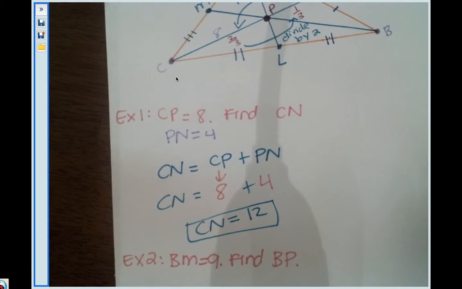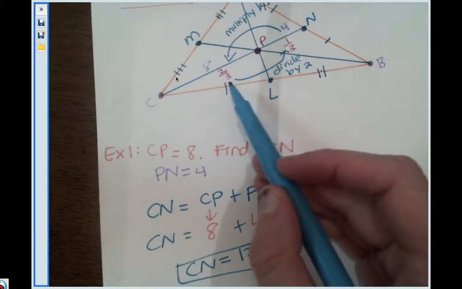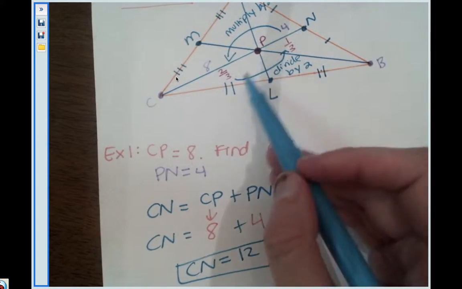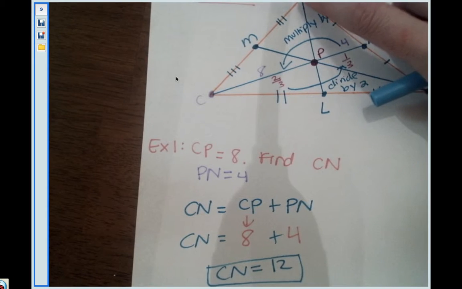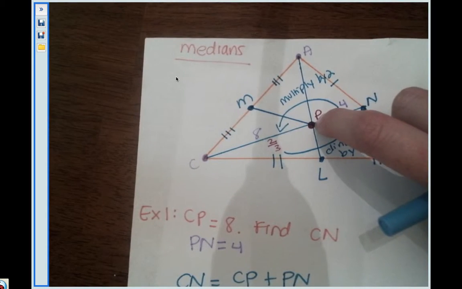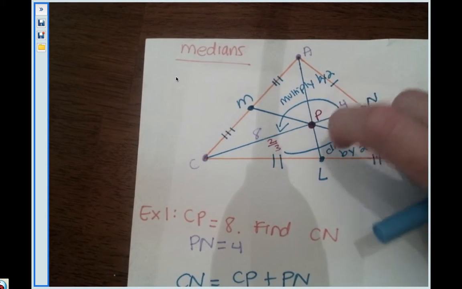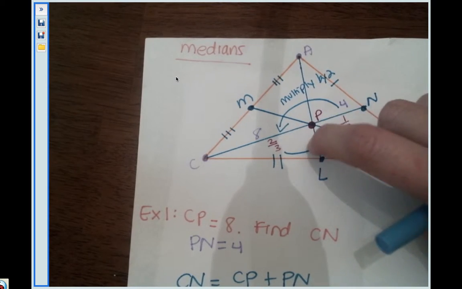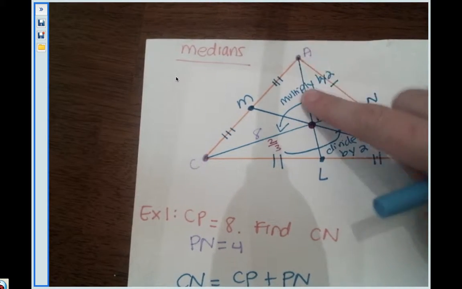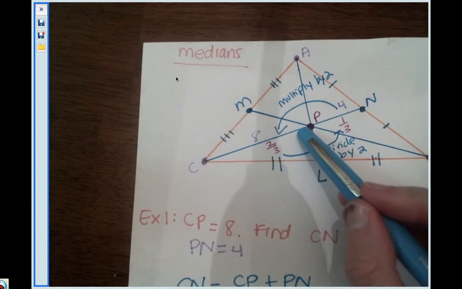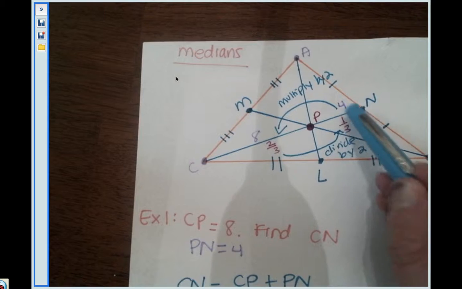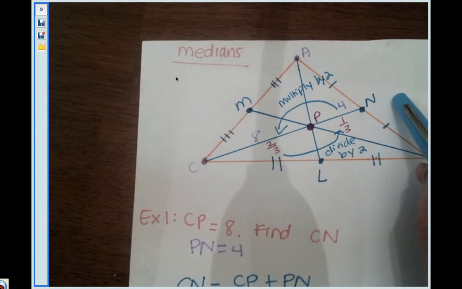We need to remember this rule, which applies to any median, not just this one. If you know the distance from the vertex to a centroid, if you divide that by 2, you get this piece. And if you know this piece, if you multiply by 2, you'll get this piece. Another thing to keep in mind: this piece from the centroid to the side of the triangle is 1/3 the length of the entire median.